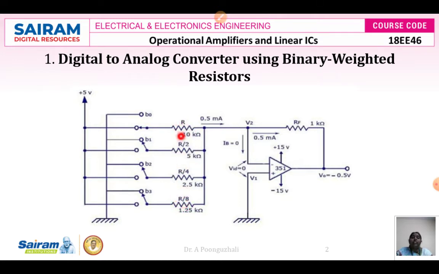B0 is going to be connected to R, that is R by 2 power 0, and the B1 bit is going to be connected to R by 2, that is R by 2 power 1, and B2 is connected to R by 2 power 2, and B3 is connected to R by 2 power 3. So the resistors we use are binary weighted resistors.